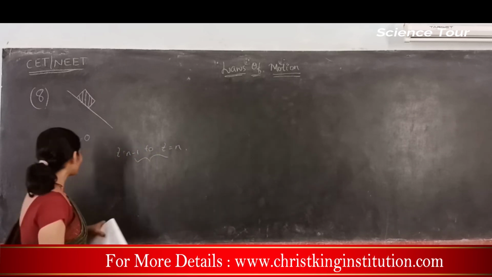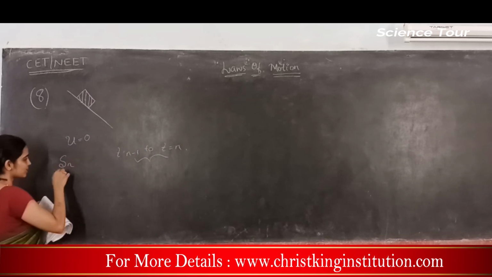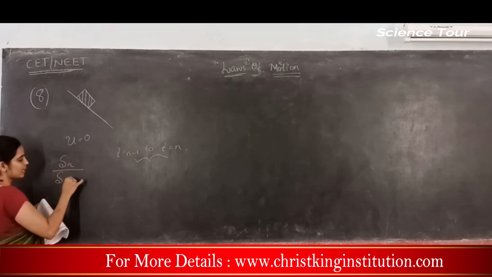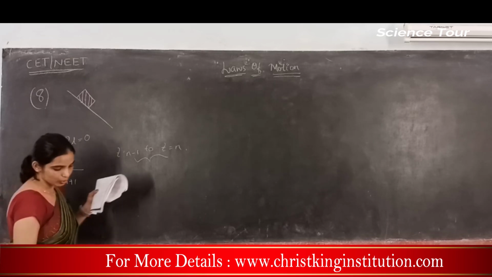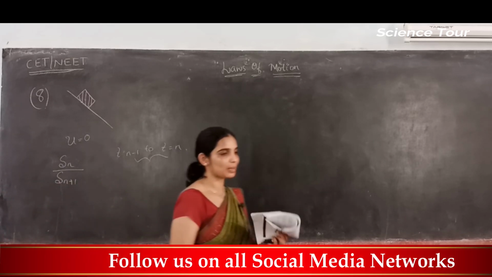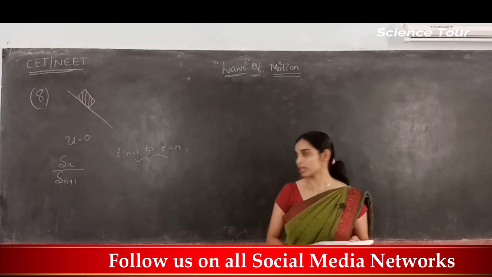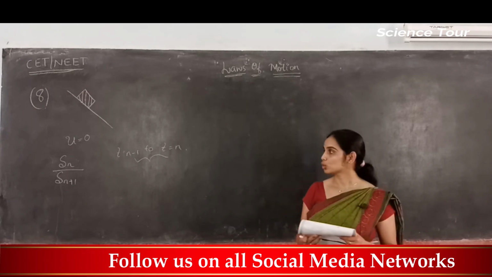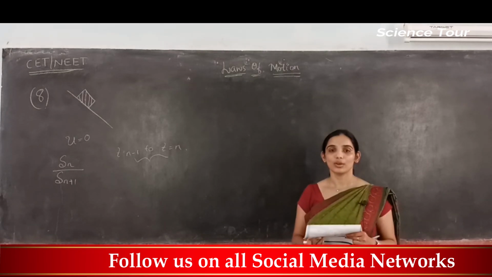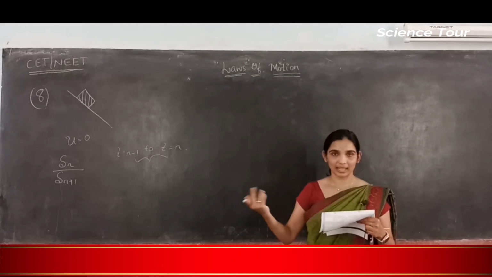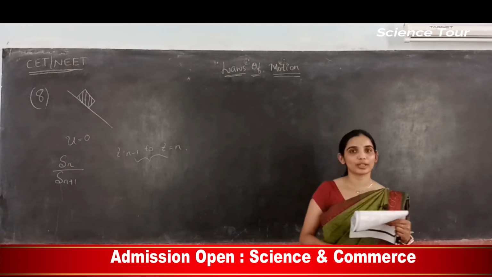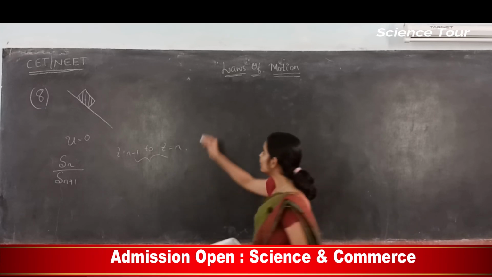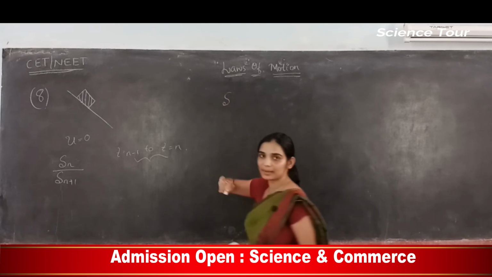So you should find out Sn divided by Sn plus 1. This kind of problem you must have solved in the motion in a straight line chapter. So this is the distance covered in the nth second. What is the formula for distance covered in the nth second?